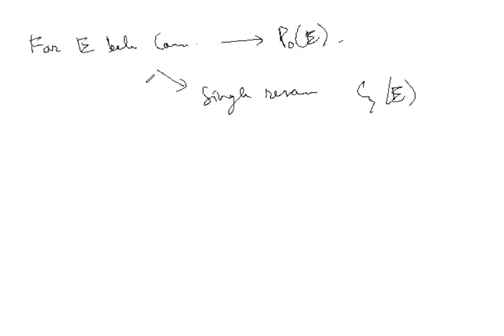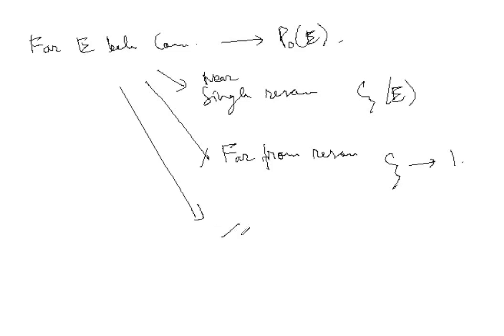However, if we are far from resonance, so this is near single resonance, far from resonance, what happens is that this term goes to 1. There is no energy dependence. Now in any case, with or without this resonance, this is always proportional to this lambda square into P0.